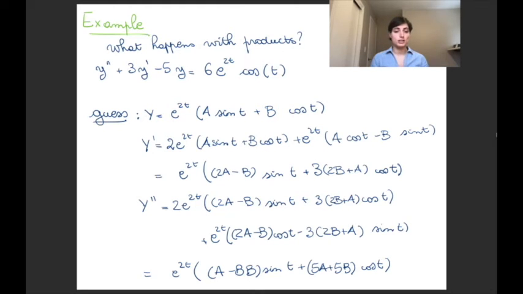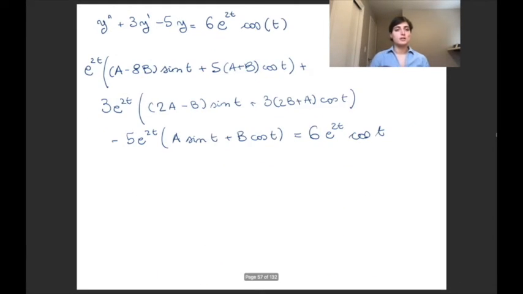The only thing that changed is the coefficient in front of sine and the cosine. So now we take all this information and we plug it into the ODE that we have. And this might look messy, but you have to look at the general structure that it has. We have e to the 2t appearing everywhere. Everything else is sine and cosines, a's and b's.